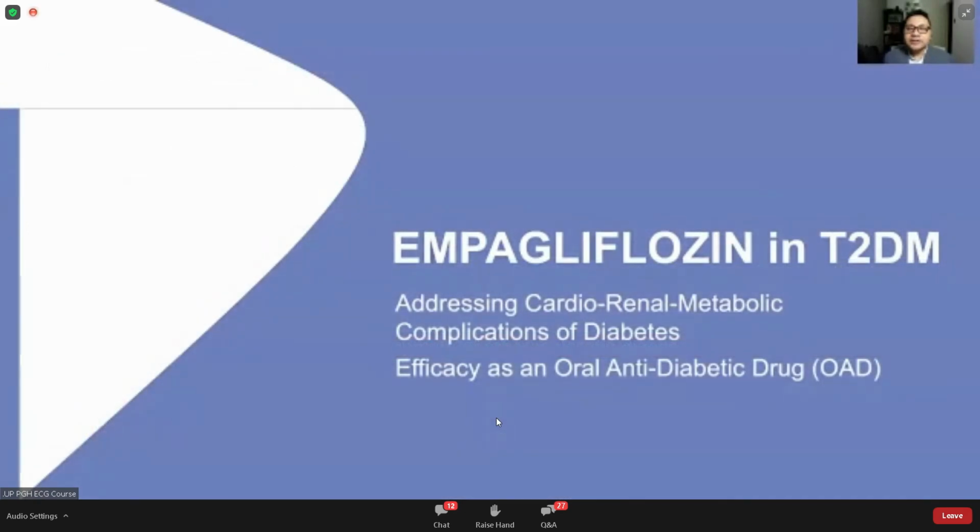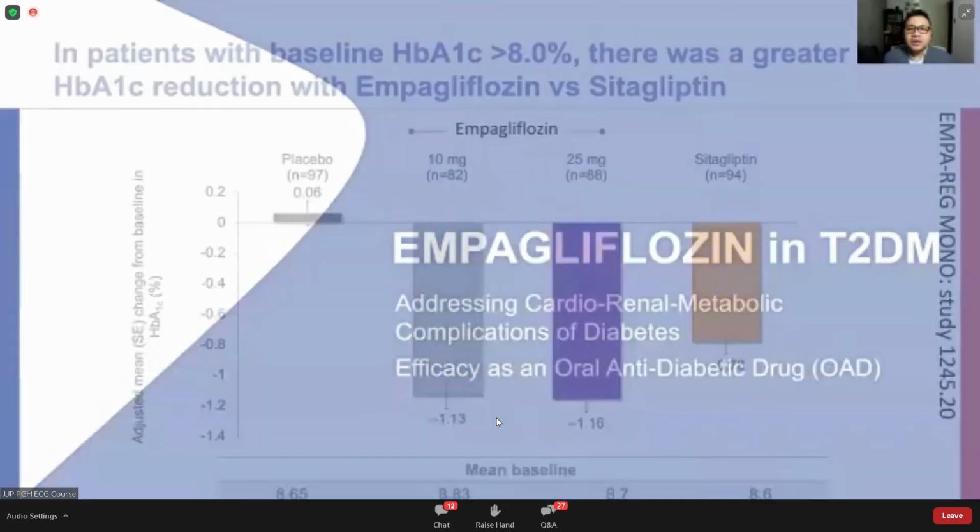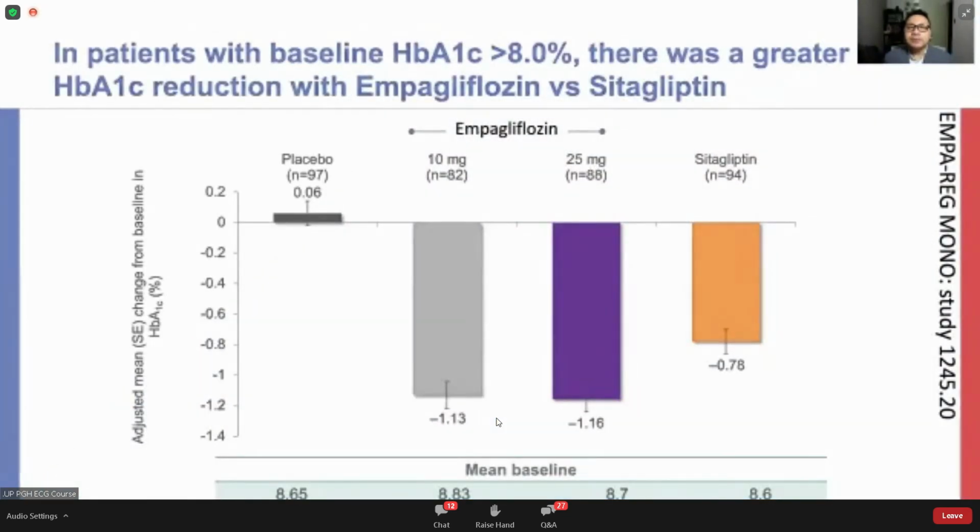That is why for this afternoon, I'll be talking about this drug, empagliflozin, in managing these type 2 diabetic patients with established cardiovascular disease. In this first slide, empagliflozin as an efficacy drug for lowering your HbA1c: in patients with baseline HbA1c of more than 8, comparing empagliflozin against sitagliptin, it showed a significant reduction of HbA1c.